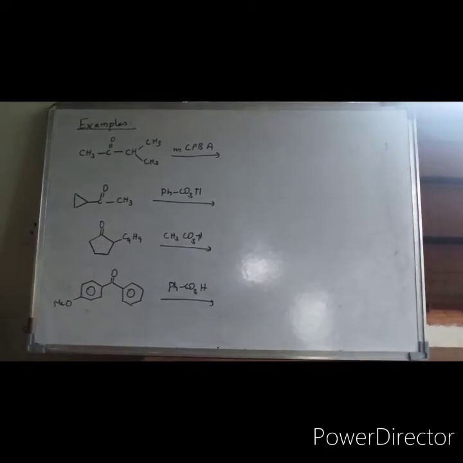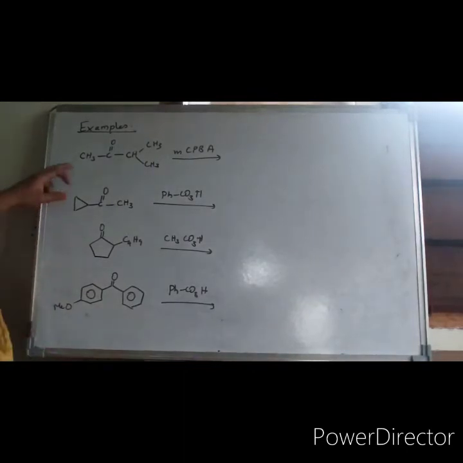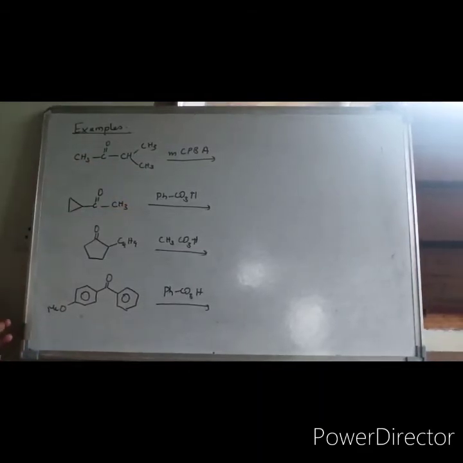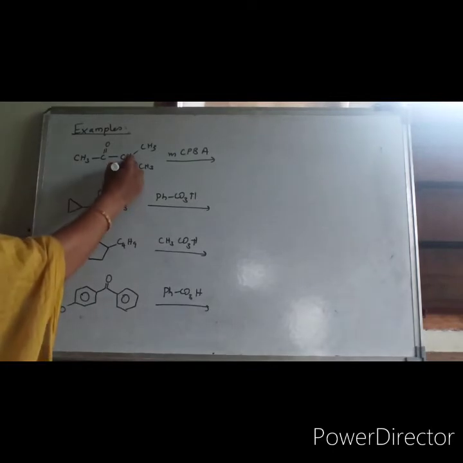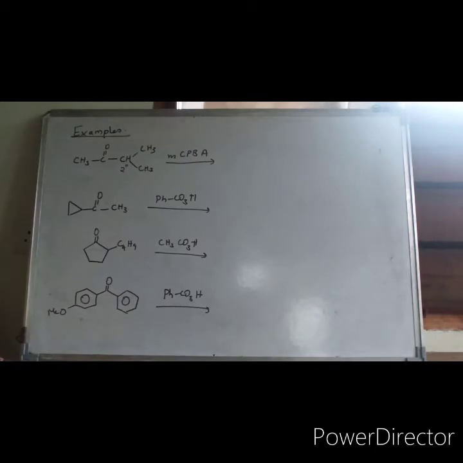Let us see some examples for Baeyer-Villiger oxidation. Here I have taken a ketone in which one group is a methyl group, the other one is an isopropyl group. So this is a simple methyl group, this is an isopropyl group, that means this is a secondary alkyl group. Now you have to remember the migratory aptitude. Which will have more migratory aptitude?